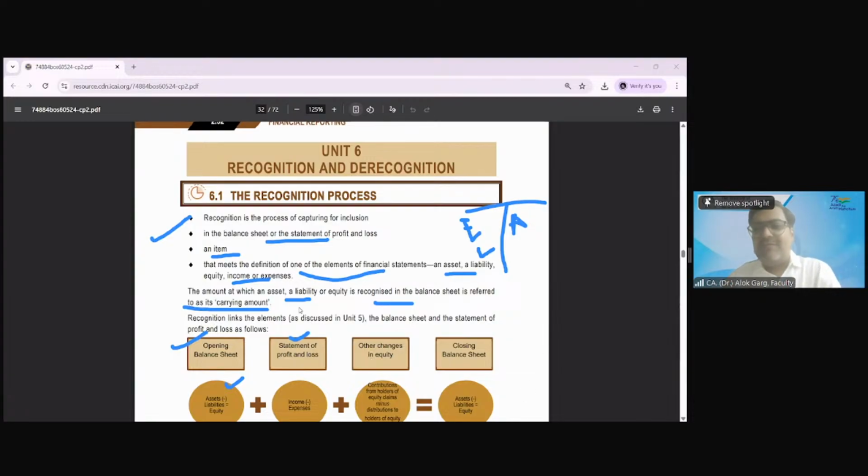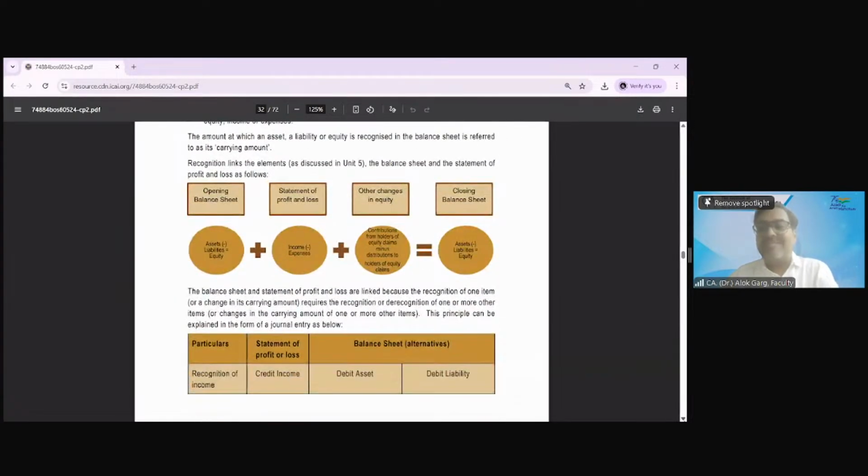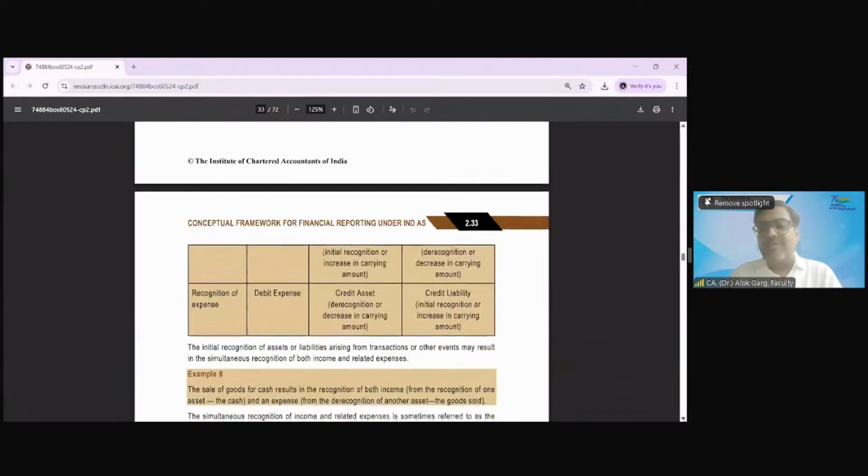So these kinds of linkages are made in this conceptual framework of financial reporting, which you as aspiring chartered accountants, CA final students, are aware of: the linkage of asset, liability, equity, income, expense, profit. Profit went to retained earnings. Retained earnings is part of reserves and surplus, right? These are the recognition processes it talks about.